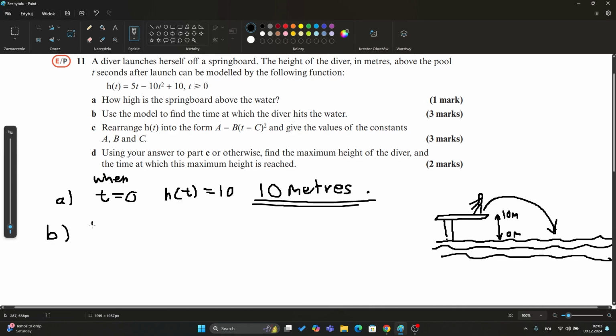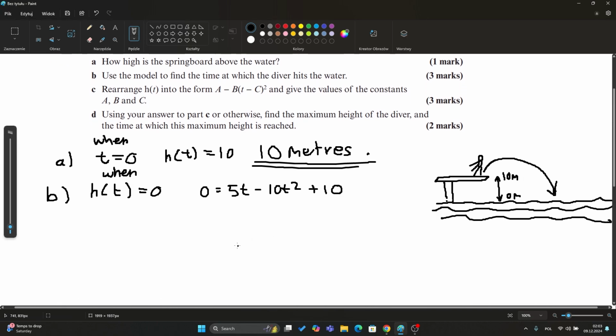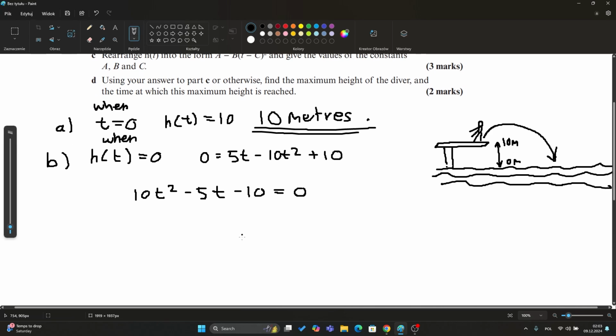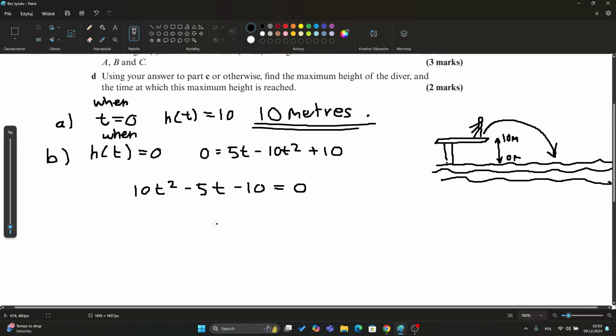So h(t) equals 0, so when h(t) is 0, 0 equals 5t minus 10t squared plus 10. And now we can bring everything to the left hand side, and so we can solve it using the quadratic equation.